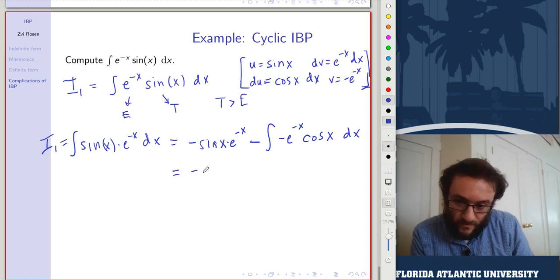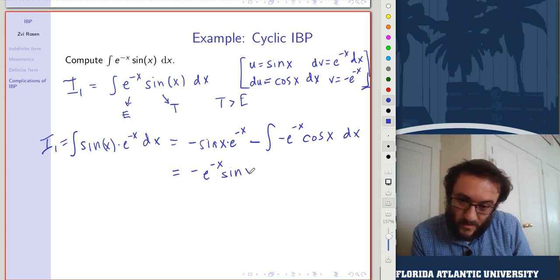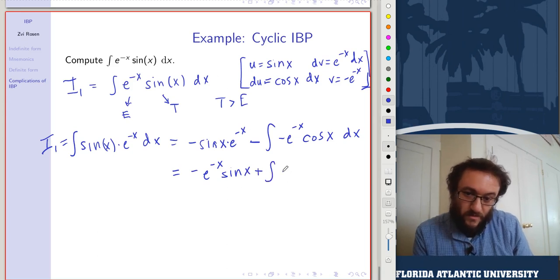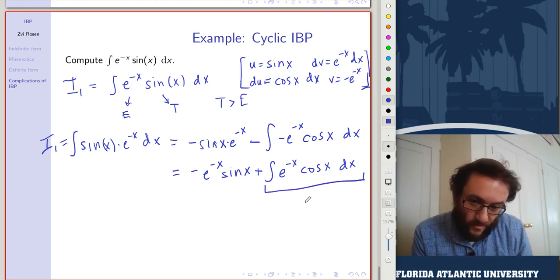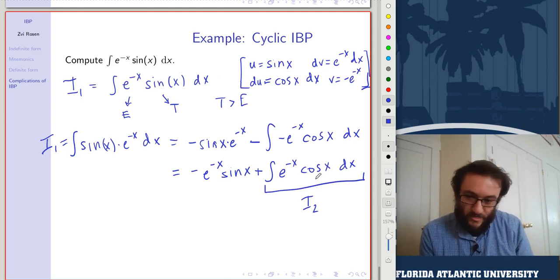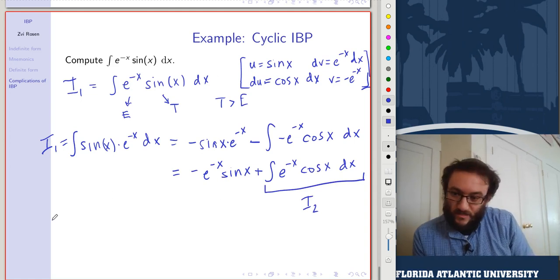Okay, let's simplify this a bit. I'm going to rewrite this so that the e's are in front. Minus e to the minus x sine x plus the integral of e to the minus x cosine x dx. Okay, now here is where we get our I2. We recognize this also is going to need integration by parts, so let's get started on that.